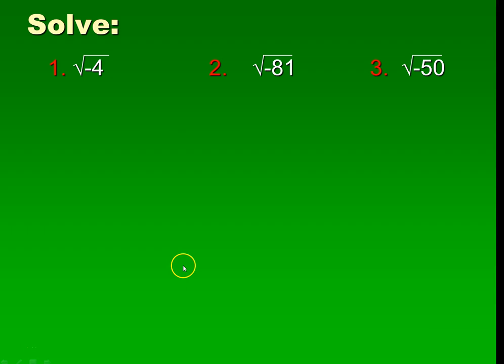So let's try a few of these. We have square root of -4. What did you think the square root of 4 is? Well, the square root of 4 is 2, isn't it? So let's see if we can use that to our benefit. 2 times 2 times -1 gives me -4. I have 2 of something, so I can pull those out, and all I'm left with is the square root of -1.